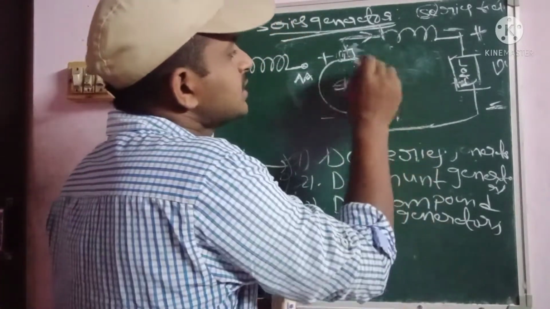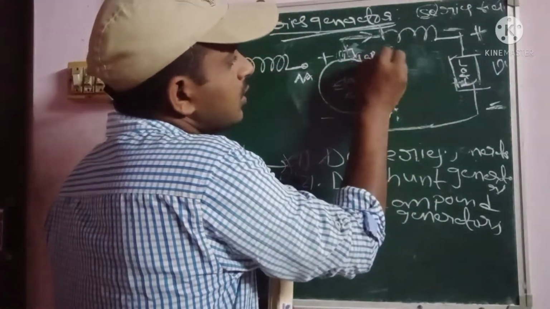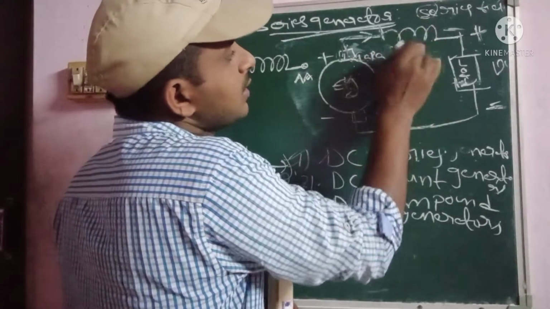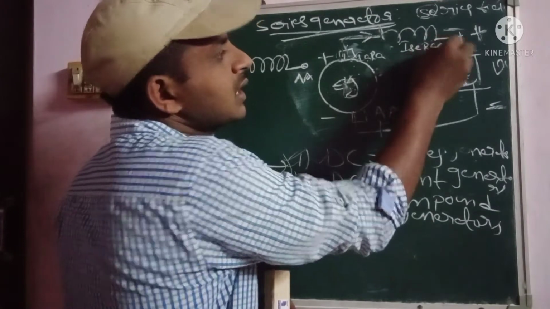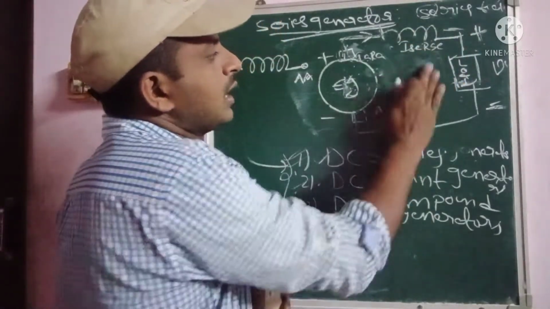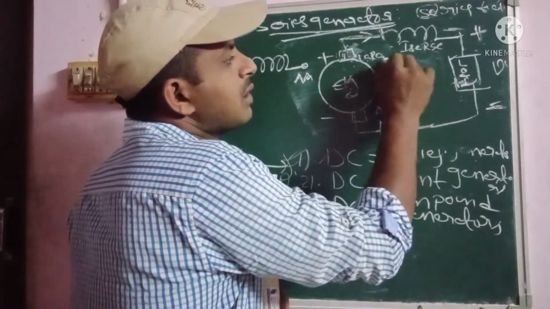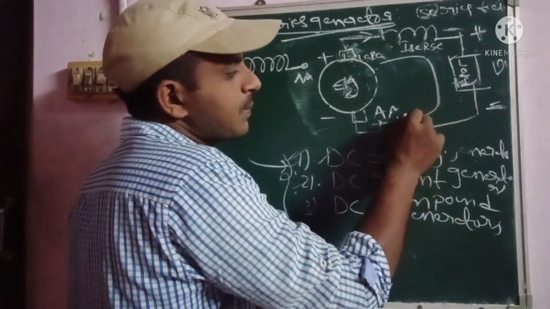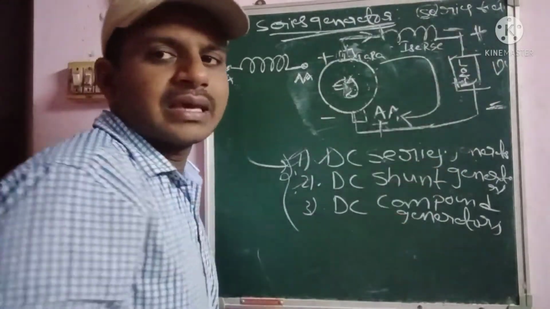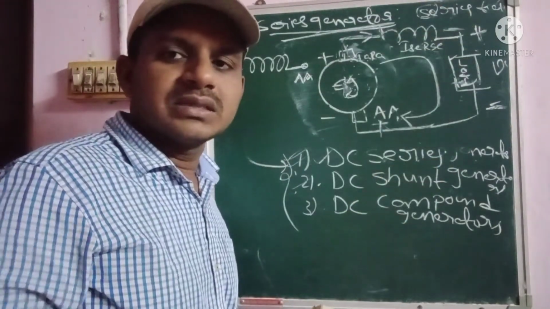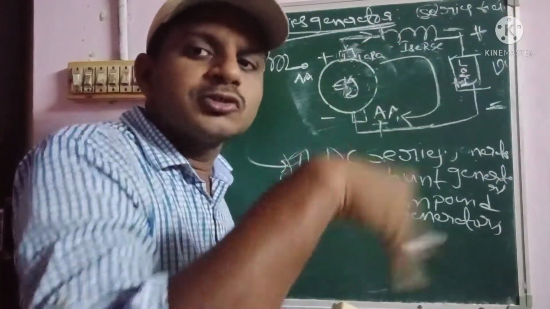Let us consider the armature IA with RA, and the field winding, in which the current ISC flows with an internal resistance RSC. Now we apply KVL to the entire loop, which is one closed loop circuit.